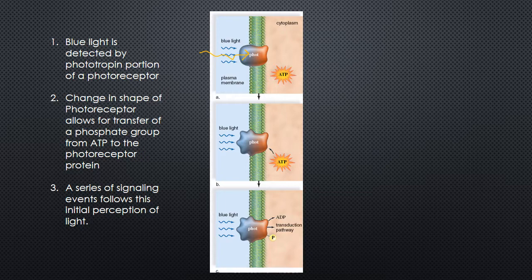So in other words, right here, the ATP comes in and ADP goes out. Oh, I cannot write with this thing. Well, you can see that right here, ADP. And then there's a series of signaling events that follow this initial perception of light, but this is the perception portion of our phototropic response.